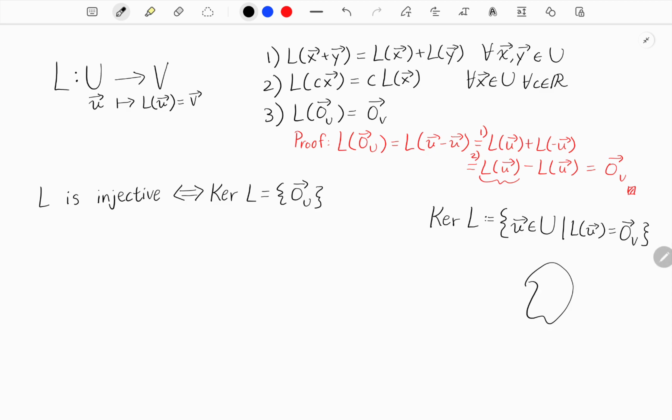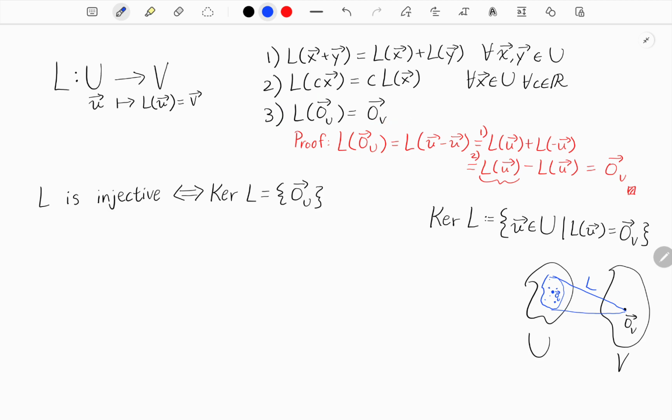So pictorially, if you have U and V, and this is going to be, let's say, 0v, and then here I have some points that all map to 0v under the linear transformation L. And of course, the 0u is in the kernel of L. 0u is always in the kernel of L due to this property 3 right over here.